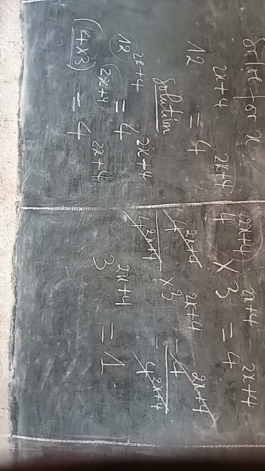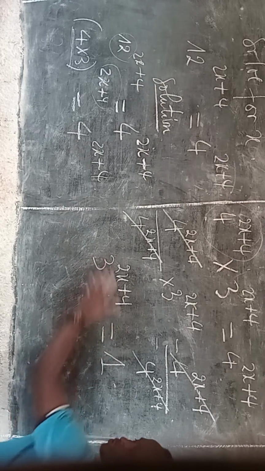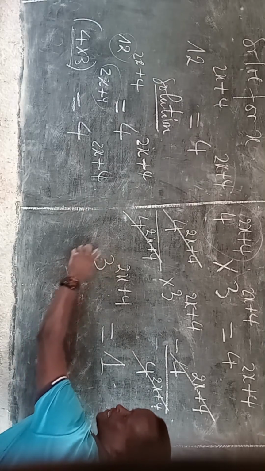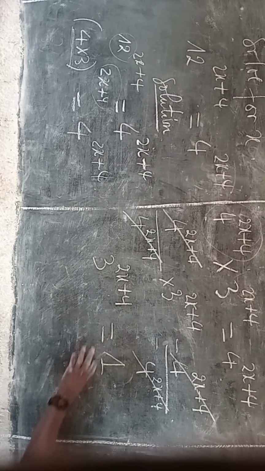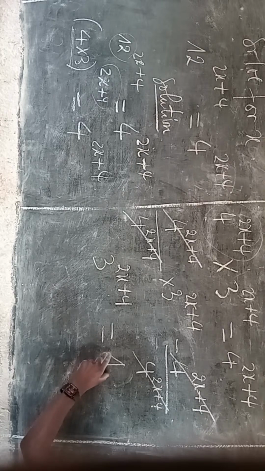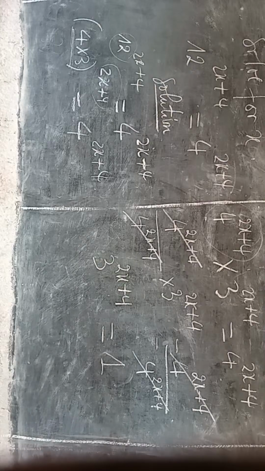Now, what we are going to do is solve this equation by making this base similar to the base on this side. Now, how should we change this one into a base similar to this 3?